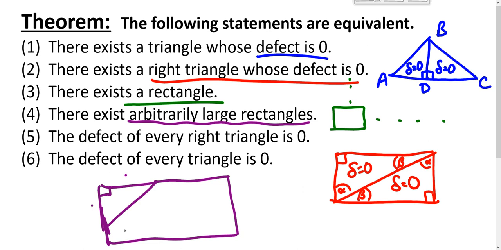The rectangle has defect 0, and it can be broken up into smaller pieces, triangles. But the defects of these triangles are additive. They are non-negative and additive. So the defect of a rectangle is 0. So the defects of each of these triangles is 0. And so the defect of this triangle is 0.